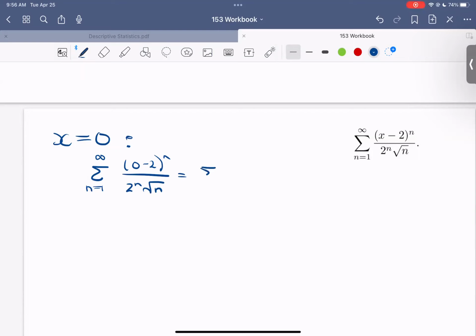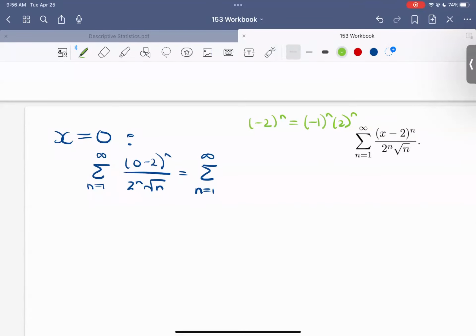All right, so we can just rewrite this and continue simplifying it until we can get a series of a form that we can recognize. So notice that numerator, we have negative 2 to the n. Well, I can just split that up as negative 1 to the n times 2 to the n. So what this is saying, negative 2 to the n, is I have negative 1 times 2, all of those to the n.